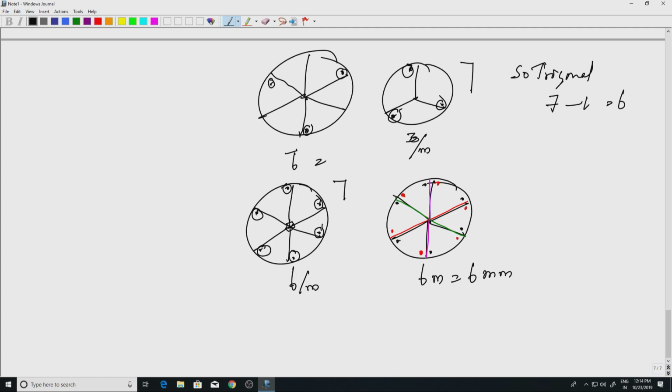Then 6 bar m. Now already we have seen that six bar is here.